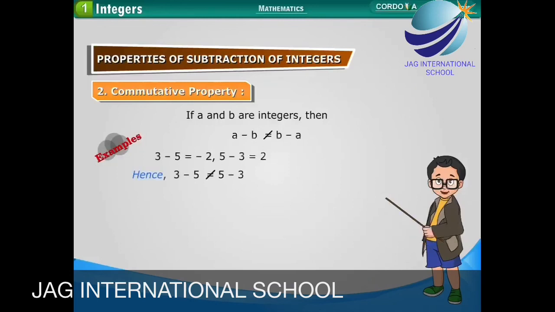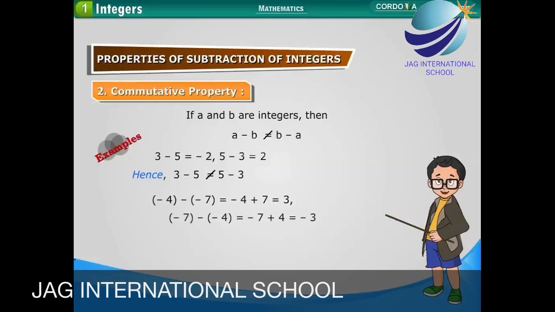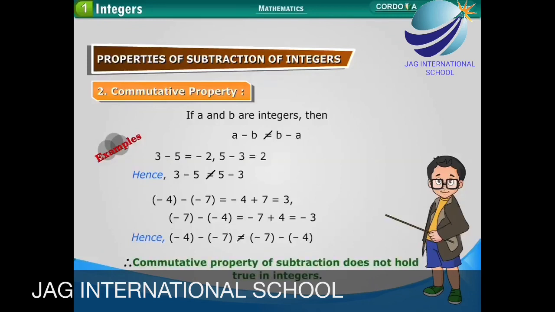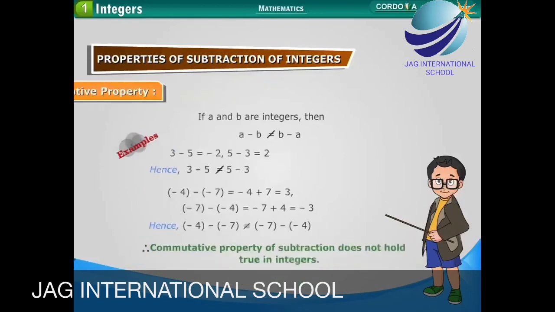Hence, 3 - 5 is not equal to 5 - 3. -4 - (-7) is equal to -4 + 7, which is equal to 3. -7 - (-4) is equal to -7 + 4, which is equal to -3. Hence, -4 - (-7) is not equal to -7 - (-4). Therefore, the commutative property of subtraction does not hold true in integers.